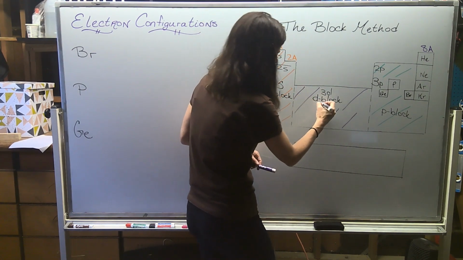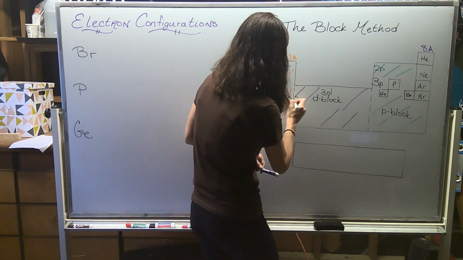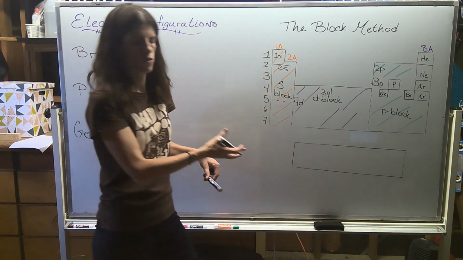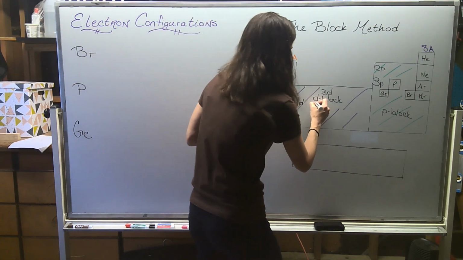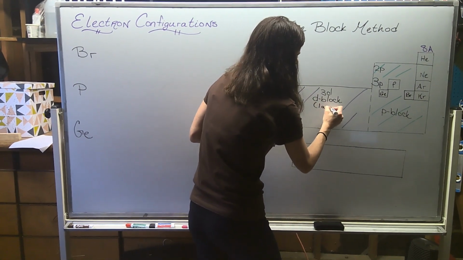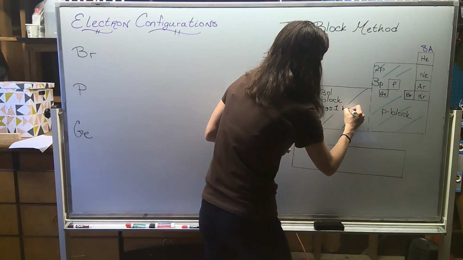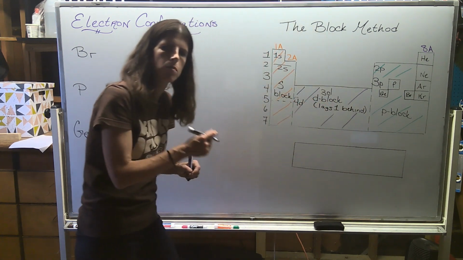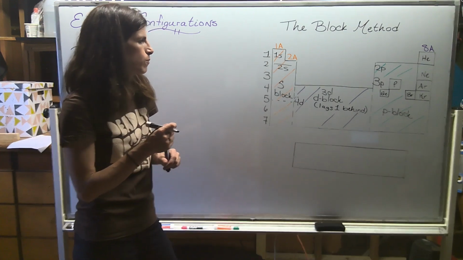You're in the 5th row and you hit 4d. And in your 6th row, you're going to hit 5d. So the D block lags one behind. Whatever row you're in, your D block has a shell number, a principal quantum number, that's one less than the row number.